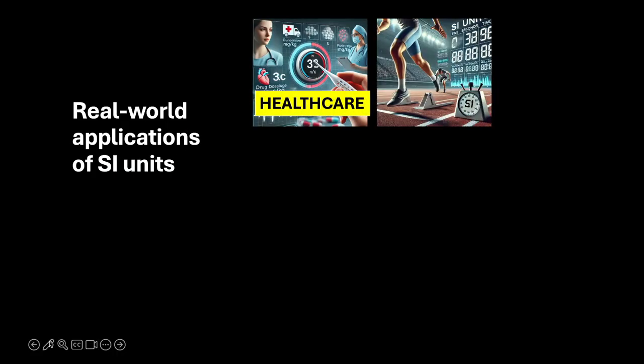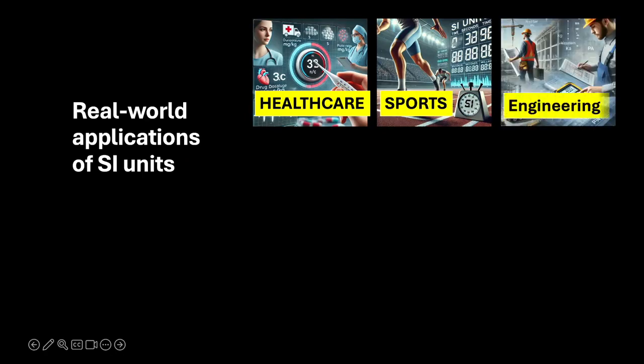Now that we understand the importance of standardization, let's talk about some more real-world applications of SI units, like in healthcare, where a little dosage change can be fatal, and in sports, wherein a difference of fraction of second can switch medals in Olympics. Also, in engineering and construction, where a little difference in the measurement can lead to the collapse of the entire bridge.